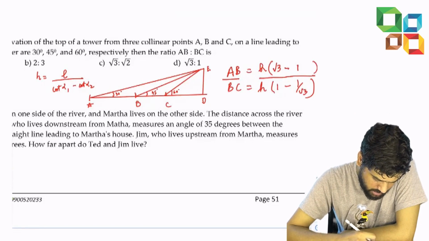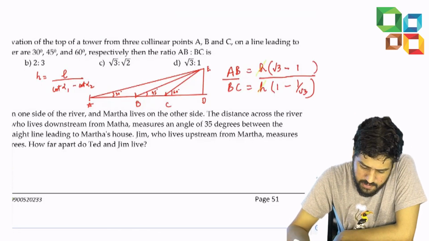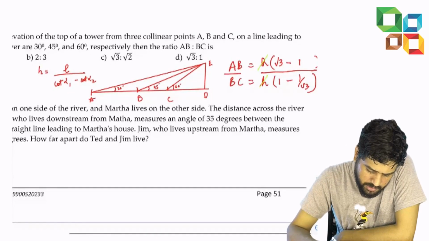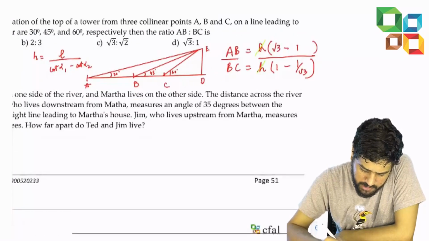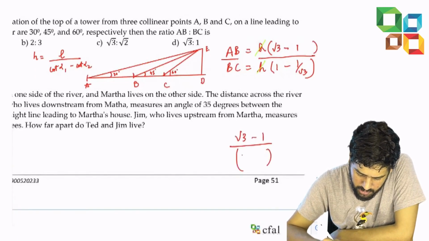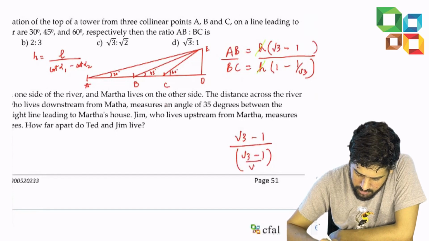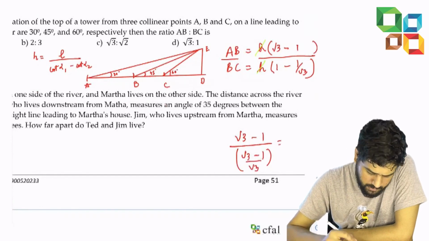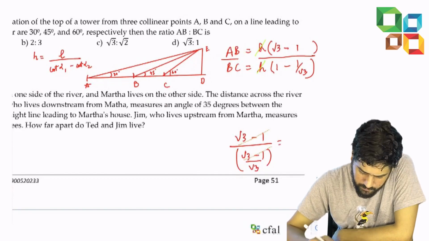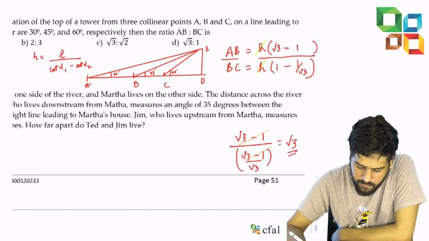You don't need to take 100, no? So you get root 3 minus 1 by 1 minus 1 by root 3. If you take common denominator in the denominator, you'll get root 3 minus 1 by root 3. Root 3 minus 1 cancels out. You're left with just root 3.